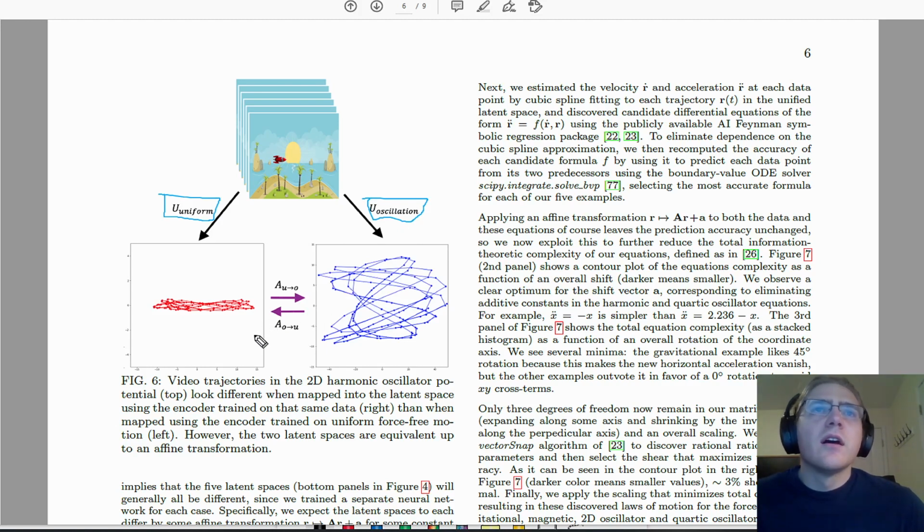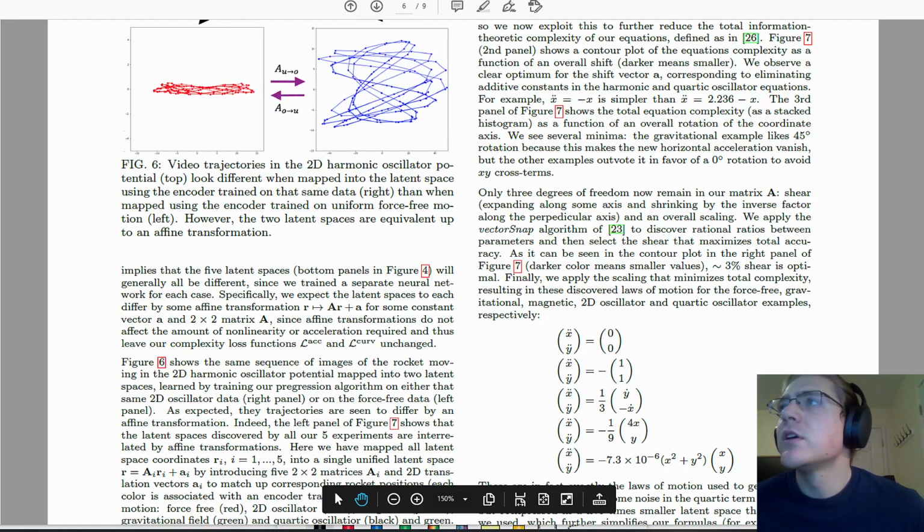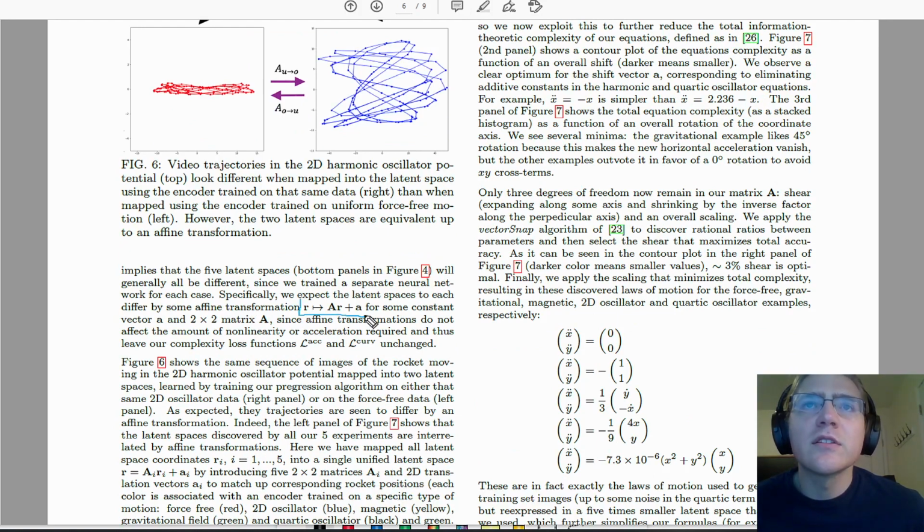The learned latent spaces for these are very similar, and in fact they are only different by an affine transformation. An affine transformation is something like this: it takes a vector, multiplies it by a matrix, and then adds another vector to it, for some general matrix like that.